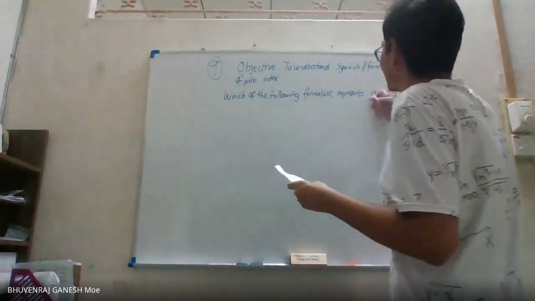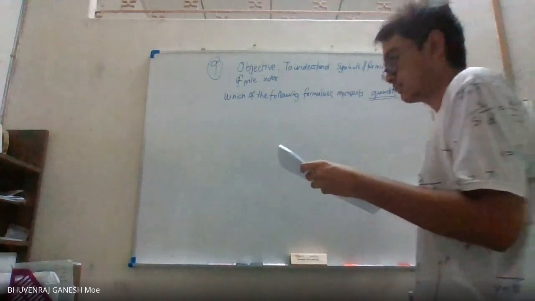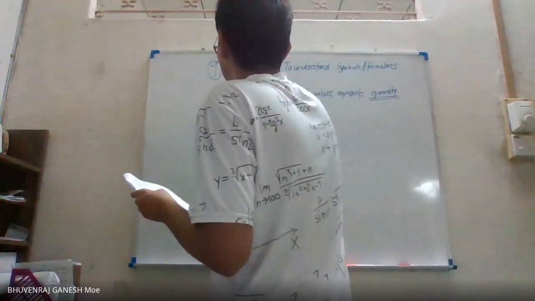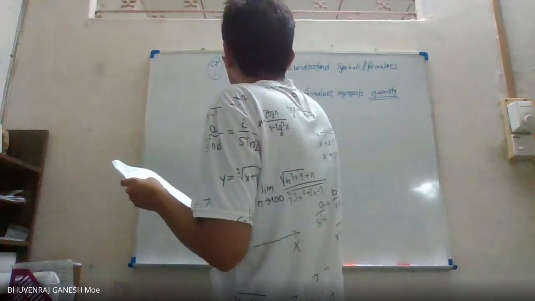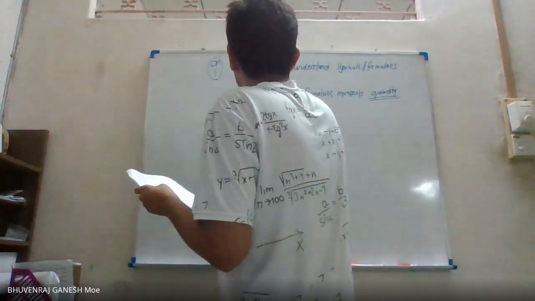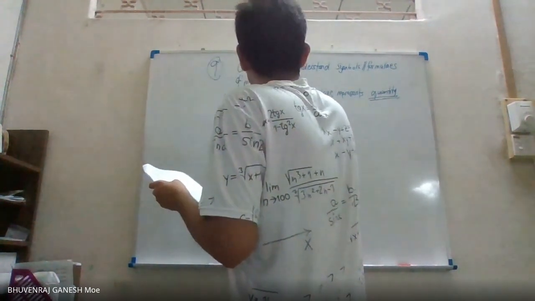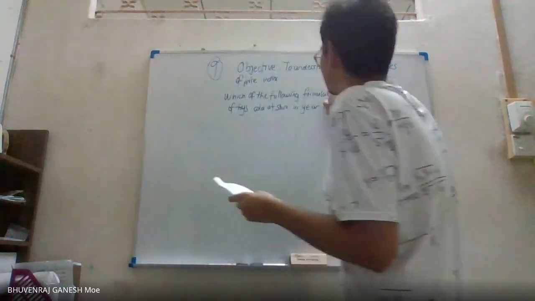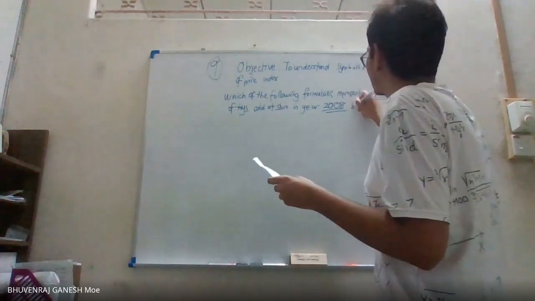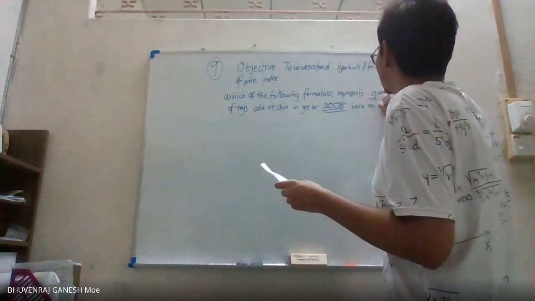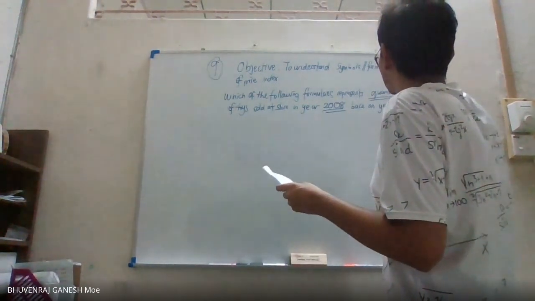So see this word here, quantity, is also one of the keys in the questions, which tells whether you should use P or Q in your formula. And then the years is 2008 based on 2005.